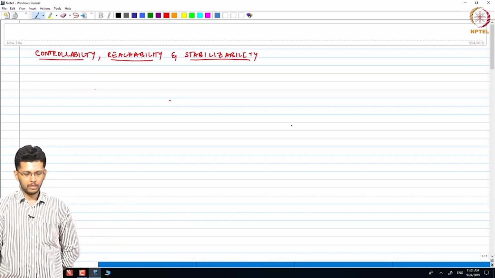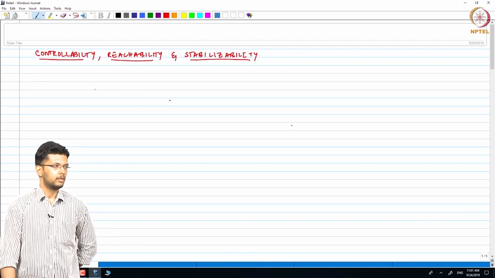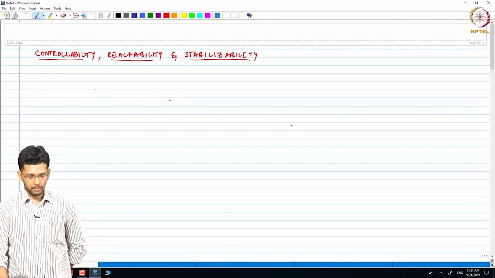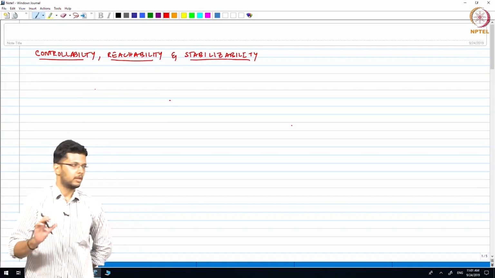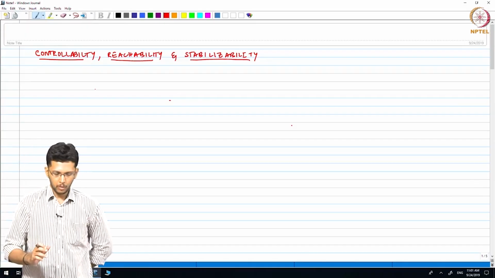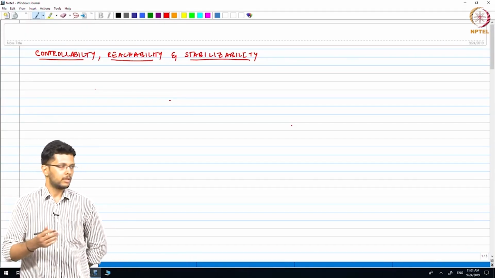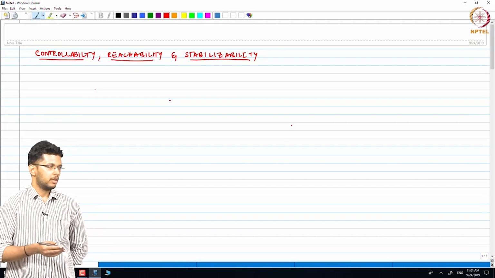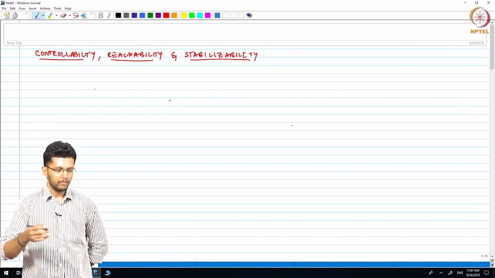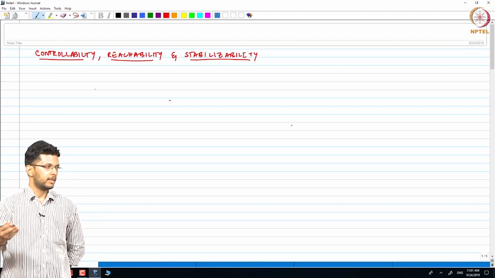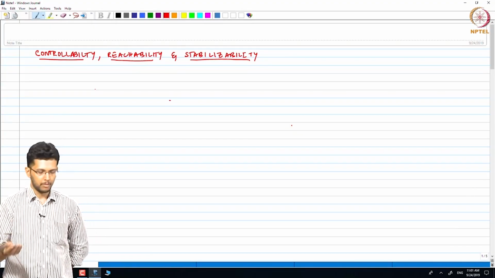So when there is a system and you have a set of inputs for the system, and you want to move the system from an initial state to some arbitrary state, say xf, then it is reachability.